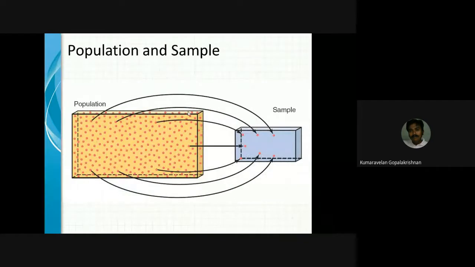I think this picture will give you some more idea. If I take all the sample points in the population, it is descriptive. If I take some points selectively, build a model with them, do the analysis and generalize to the population, then it is called inferential statistics.